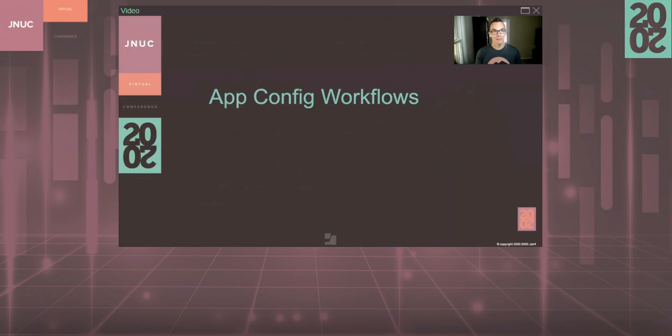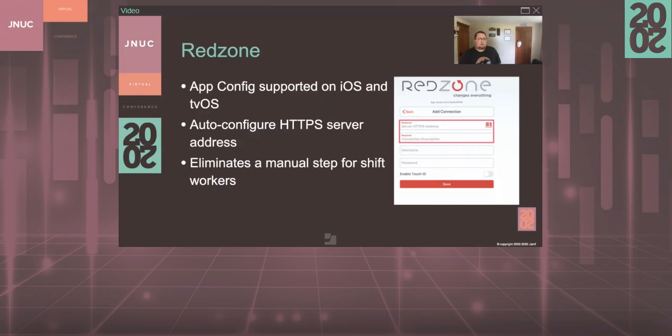Next, we're going to highlight a few AppConfig workflows that our customers are using today. Red Zone is an application that helps food and beverage manufacturers to provide real-time, plant-wide visibility, as well as quality management at their fingertips.